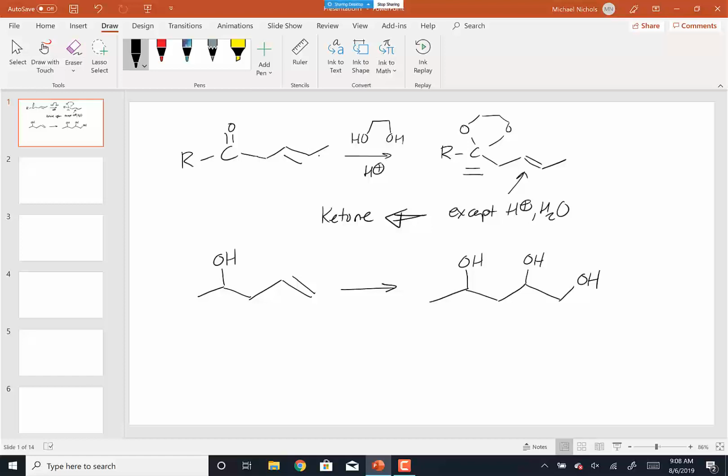I want to start from this molecule. First of all, what reagent would I use to convert the double bond to the diol? How do I add 2 OHs cis to a double bond?